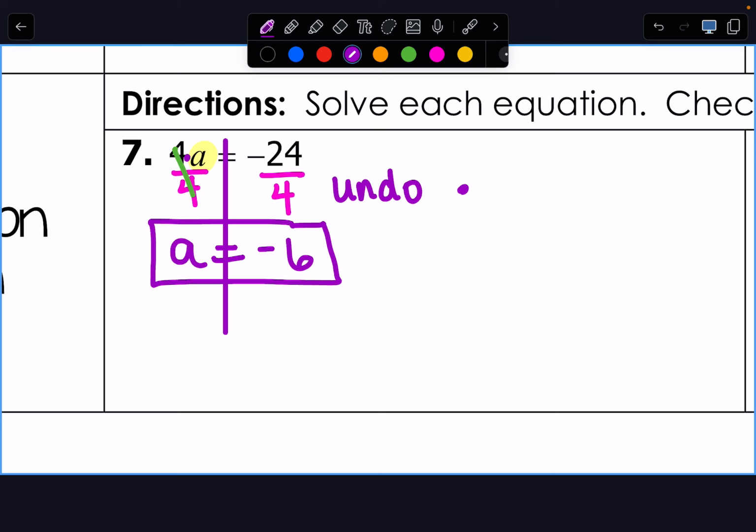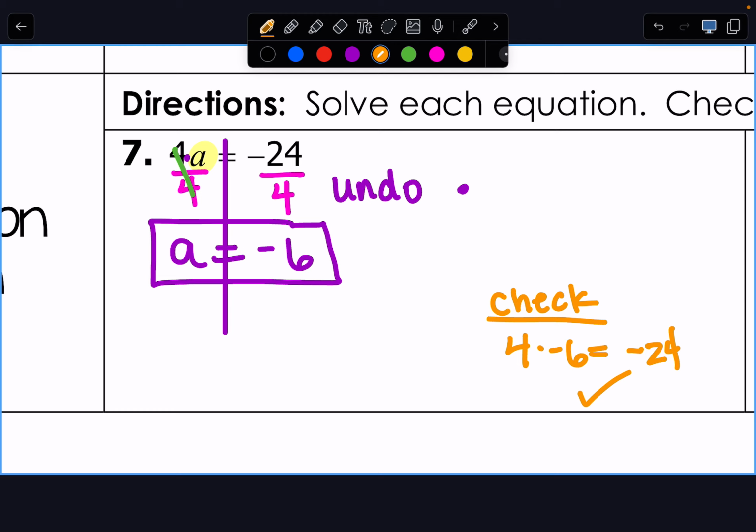Now, I always like you to be able to check your answer. With any equation, you should know if you have the right answer because when we go back to the original problem and we say, okay, well, A is really -6. Is 4 times -6 -24? Yes. Now, I had the question in my last period class, do we have to show you that?